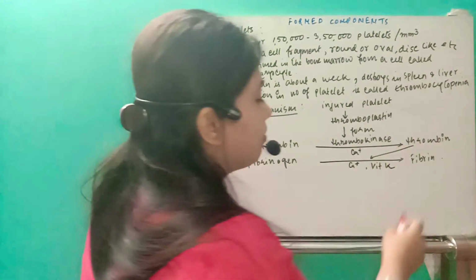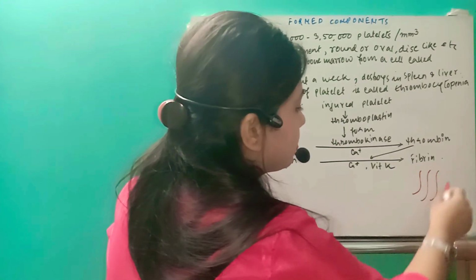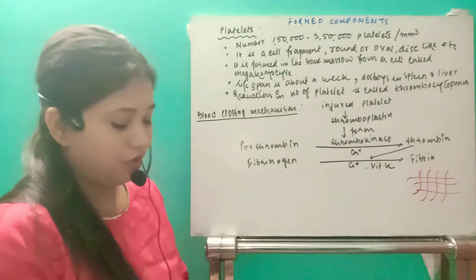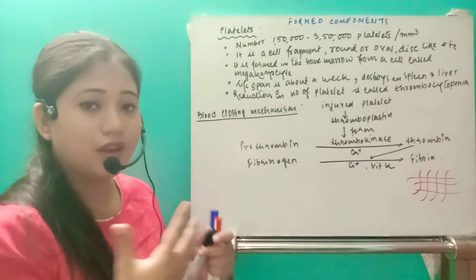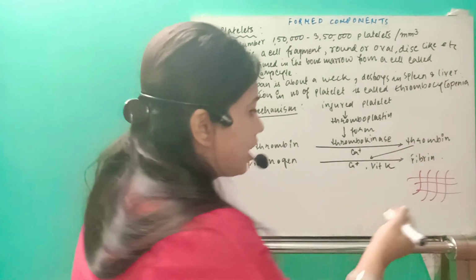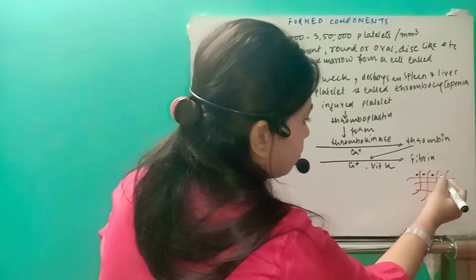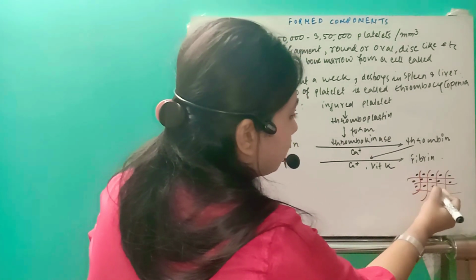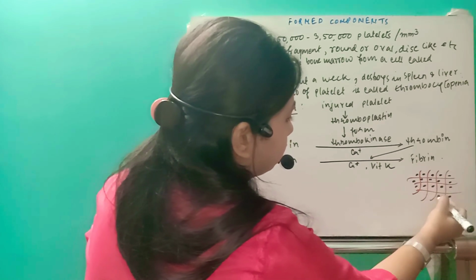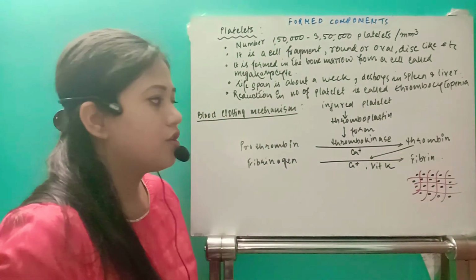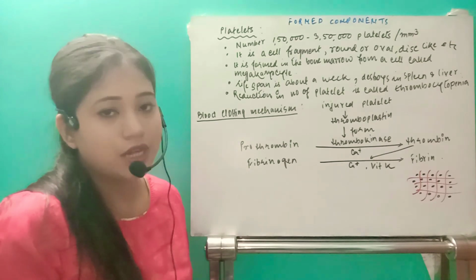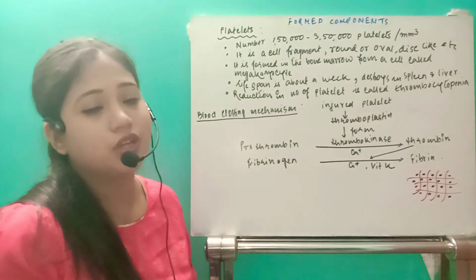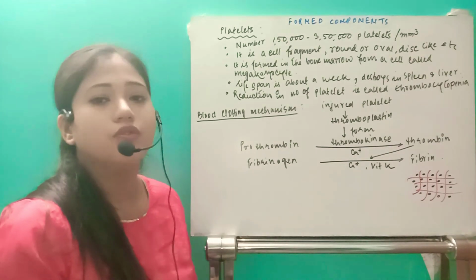So whenever the blood vessels are cut, this fibrin will act as a reticulate structure so that the blood will clot. This way the blood will clot with the help of fibrin. Okay, so in the presence of calcium ion, the fibrinogen will be converted into fibrin.